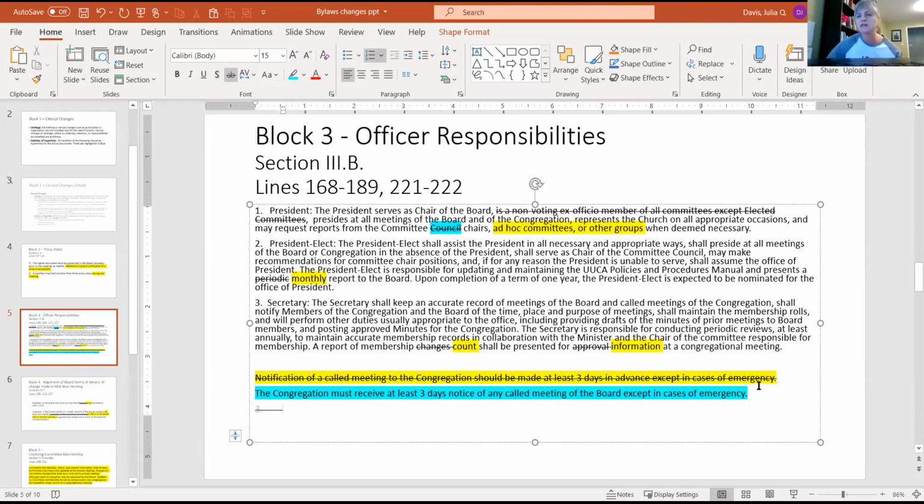Anything from you, Jack? I think that's it. All right, in that case, I think we are ready to vote on block 3. Quentin, there is a question from Ann and Greg Sutherland.